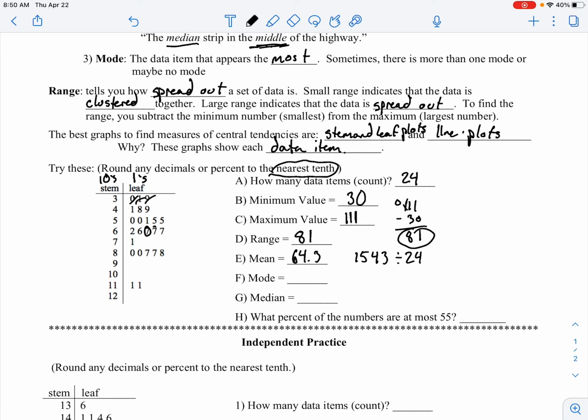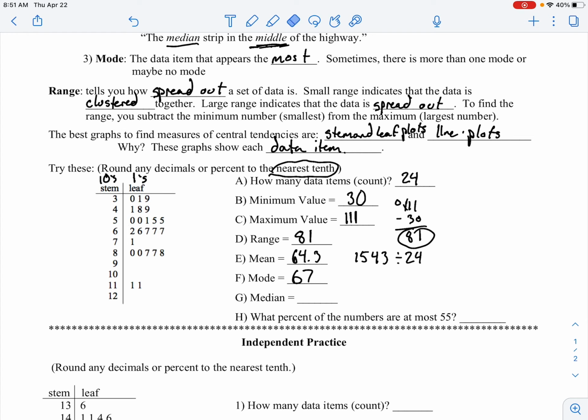So for me, that looks like we've got a 67 here, a 67 here, and a 67 here. So we've got 3 of those. And then all the other ones that I see, I only have 2 of. So I've only got 2 50s, I've got 2 55s, 2 80s, and 2 87s. So it's looking like 67 is going to be our mode.